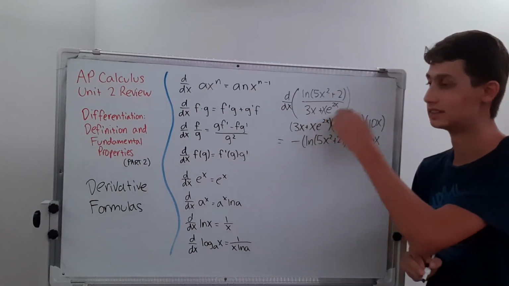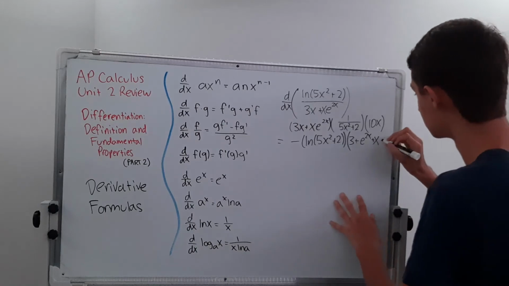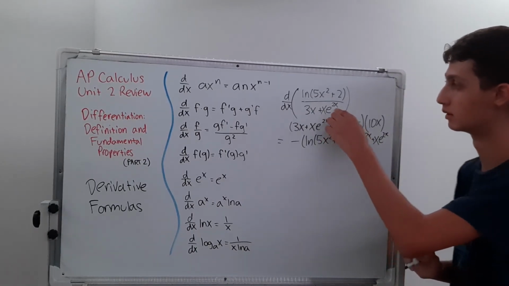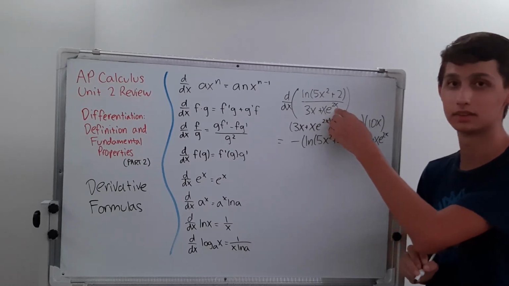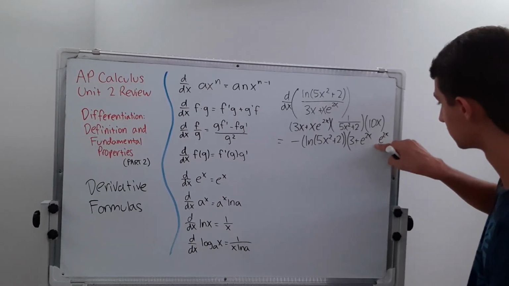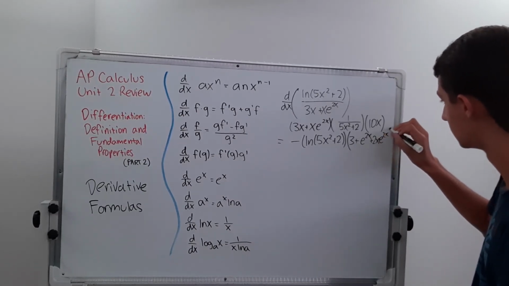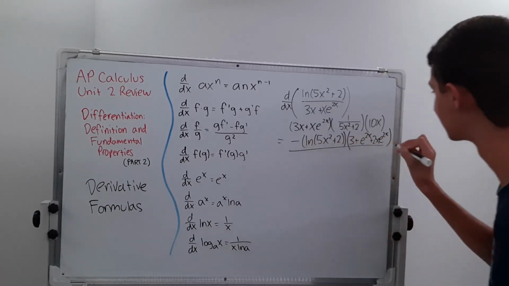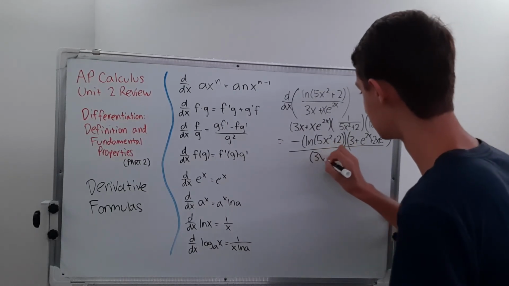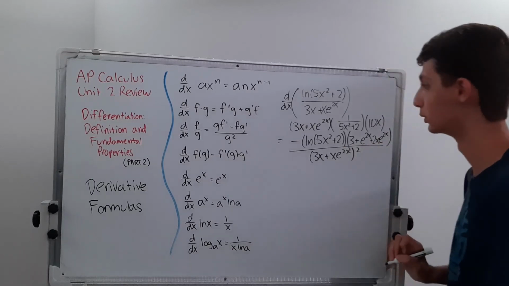So that's going to be e to the 2x, because derivative of e to the x is itself, which is a really cool thing, but multiplied by the derivative of the inside, which is 2x. Derivative of 2x is just 2, so we can say plus 2x e to the 2x. Okay, and then this whole thing is going to be divided by g squared, which is just this. We can just copy paste it, 3x plus x e to the 2x, square that, and boom.